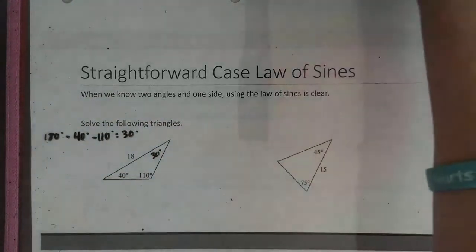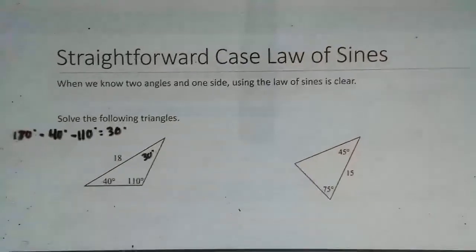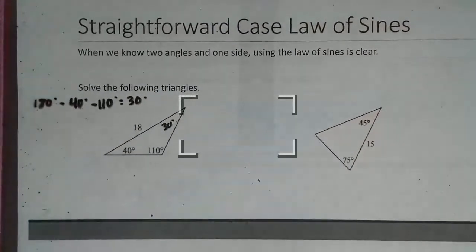Now we're going to use the law of sines to help us find the other two sides. We can't use the Pythagorean theorem because the Pythagorean theorem only works if we have a right triangle. This one's not a right triangle, so we're going to have to use the law of sines.